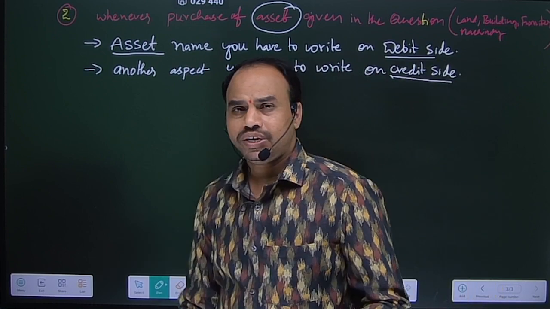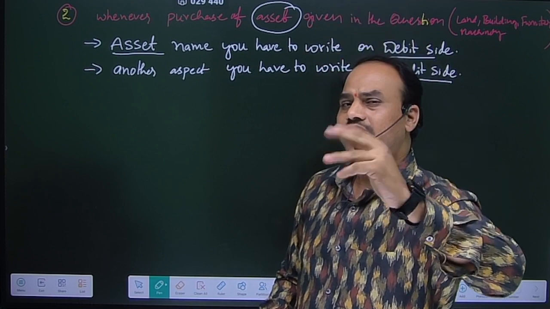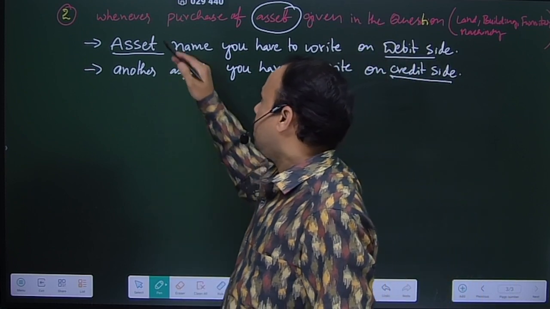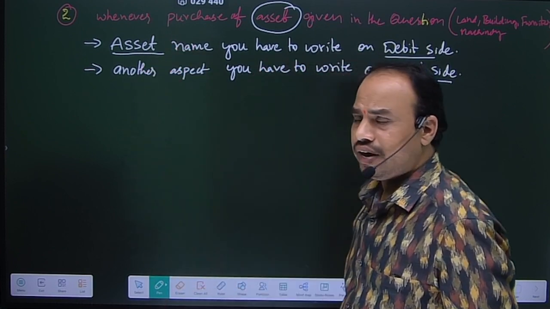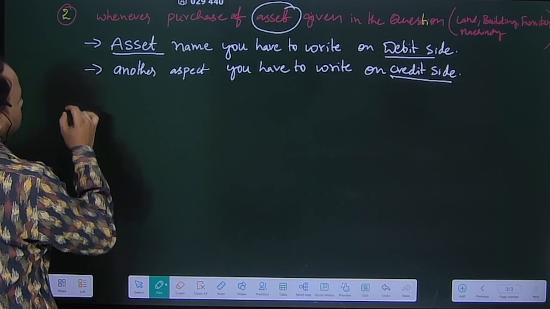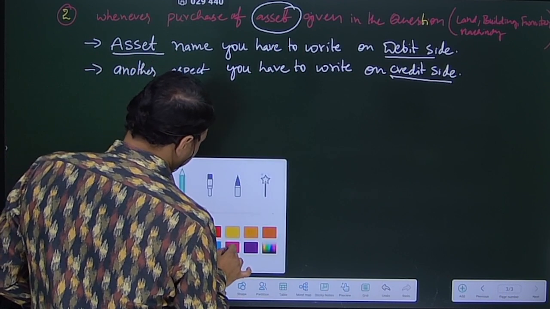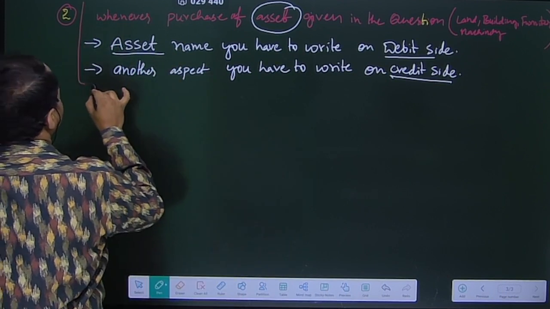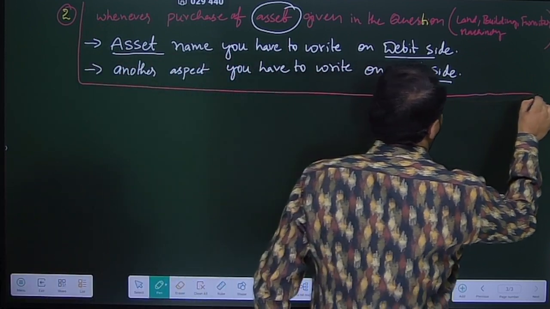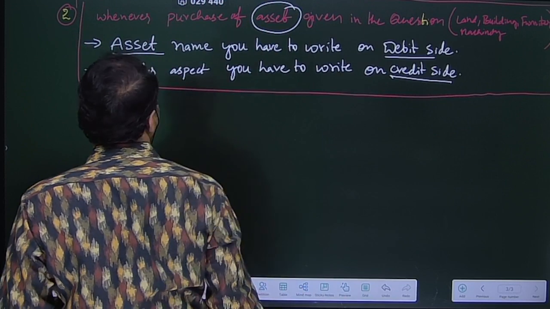See, in the previous problem, whenever purchase of goods was given, we wrote purchases on the debit side, and the other aspect was cash or name. Similarly, whenever purchase of an asset is given, the asset name you have to write on the debit side. This is the second rule.